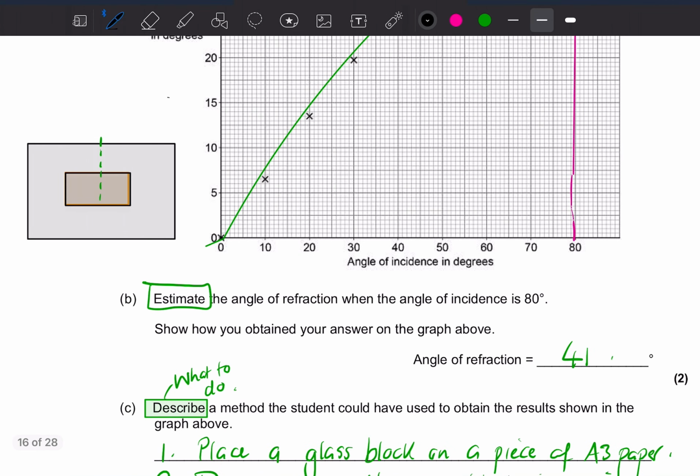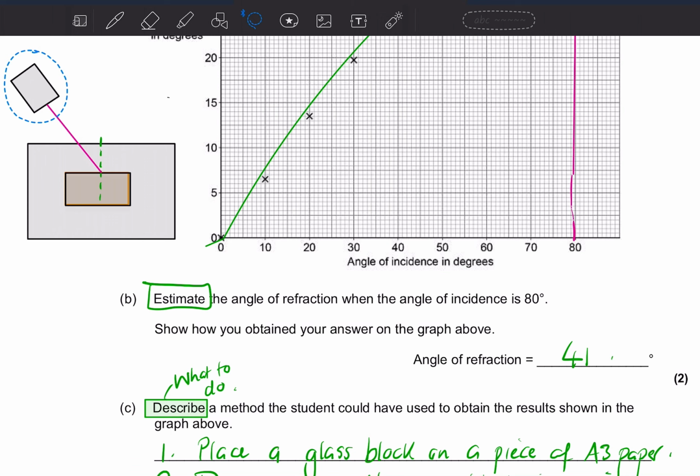And then we get our ray box, and the ray box is connected into the, oh, I've drawn a circle. That was a very bad box. Let's try again. Right. So now we've got our ray box, and the ray box will emit a light like this. All right, a nice straight line. Now you can see I've not hit what I want to hit. I did that on purpose because we've got to shine the ray box so that the light hits the boundary of the glass block and the normal line.